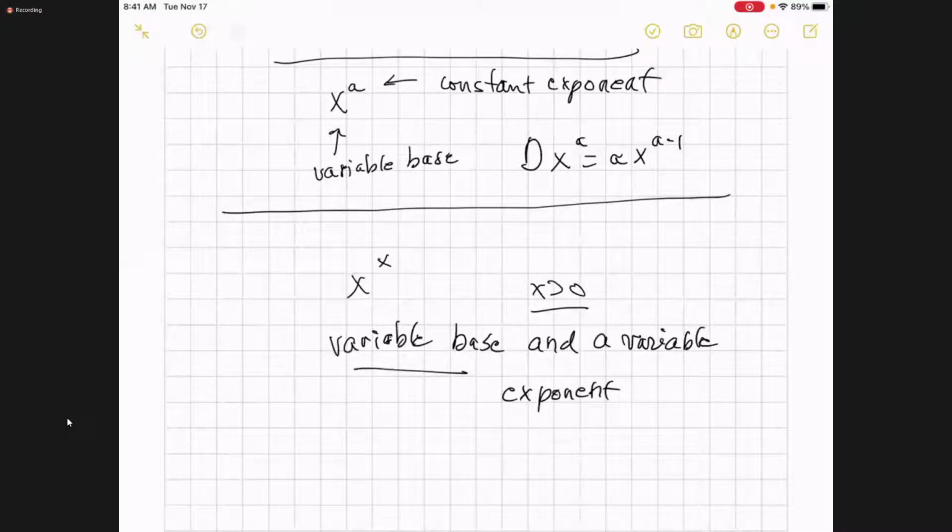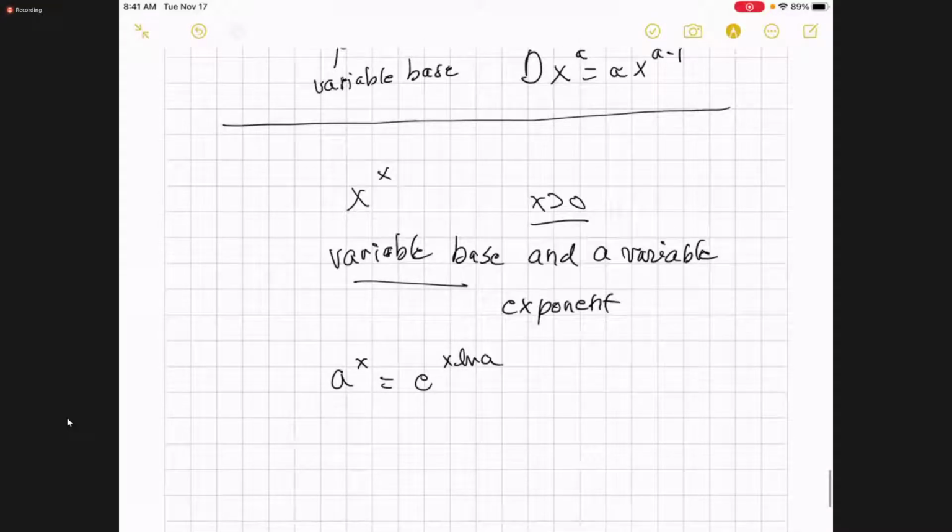So what can I do? Well, there you have two options. For one, we made this definition: a to the x is e to the x ln a. As far as the definition goes, we required that a be positive, so that's why we require that x is positive too. But this definition works on x to the x.